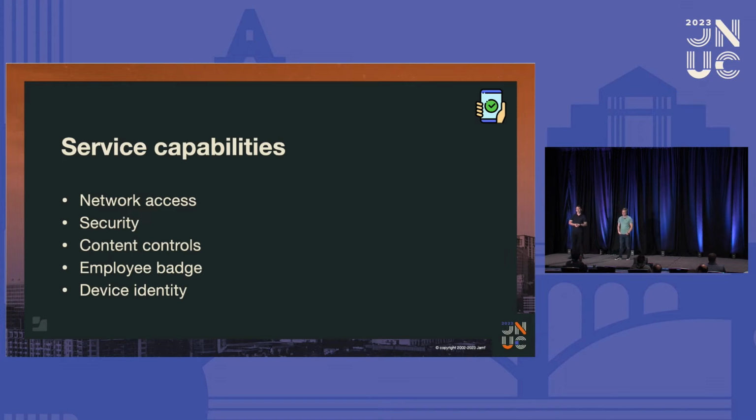As Alex mentioned, Jamf Trust is versatile and flexible. It supports various service capabilities such as zero trust network access or endpoint and network security. But wait, there is more. Let's go through the capabilities together and see how the end user experience might look.